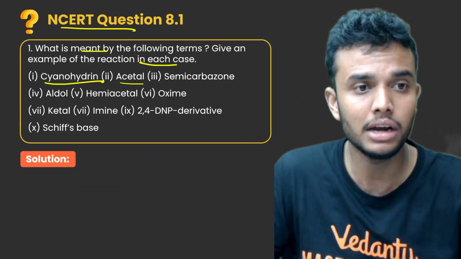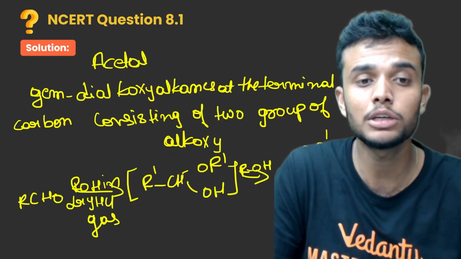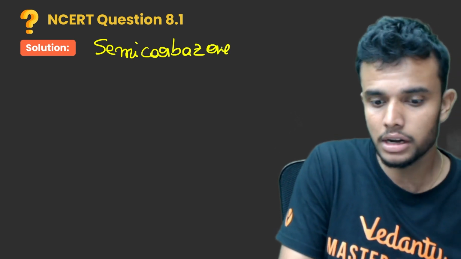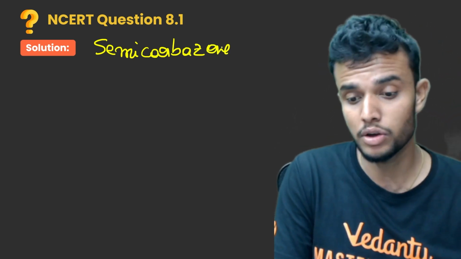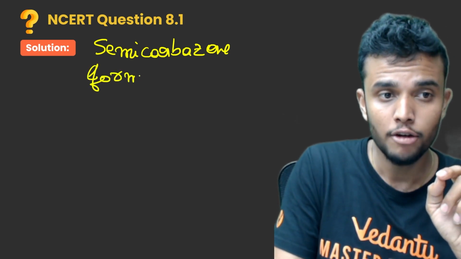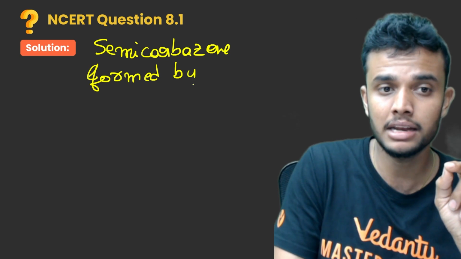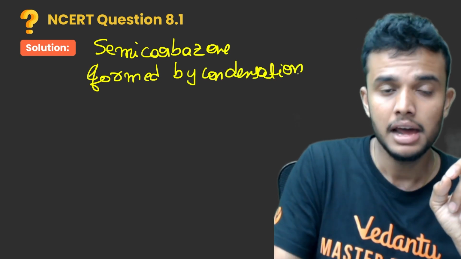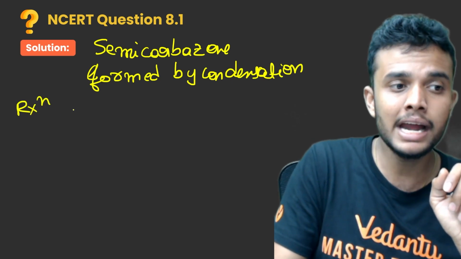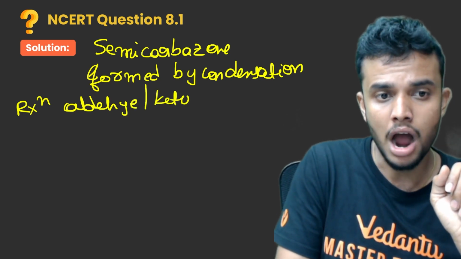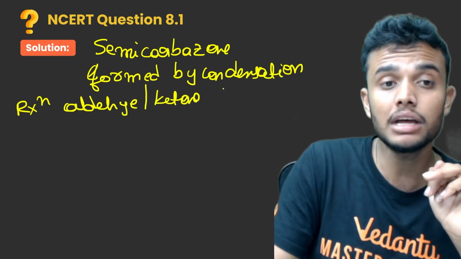Let's move on to the third one. The third one is semicarbazone. Semicarbazones are organic compounds formed by a condensation reaction between an aldehyde or ketone with semicarbazide.